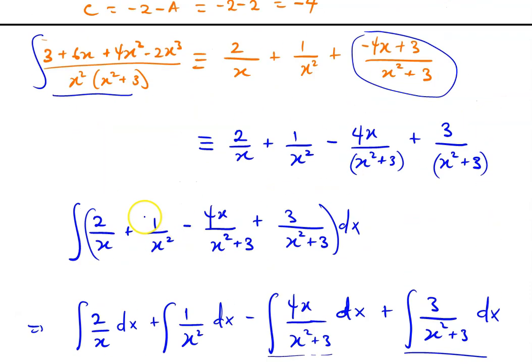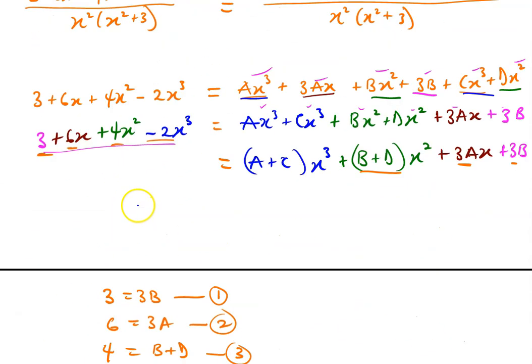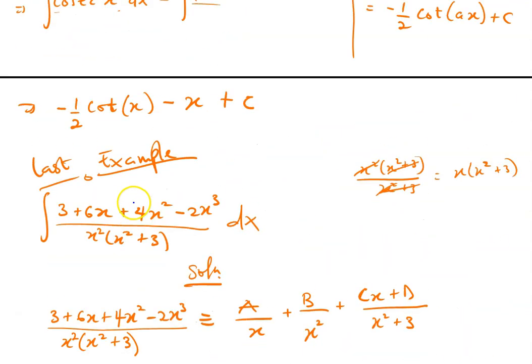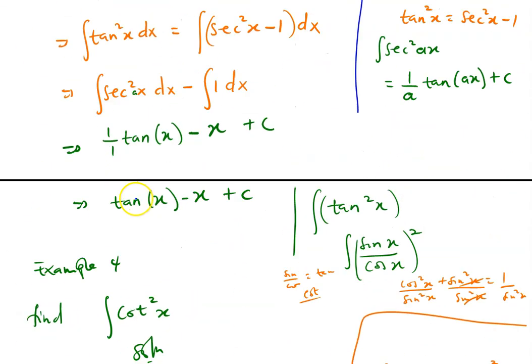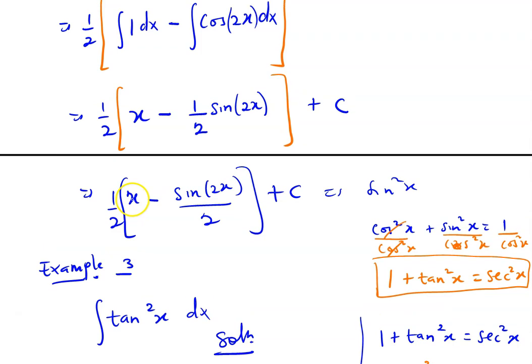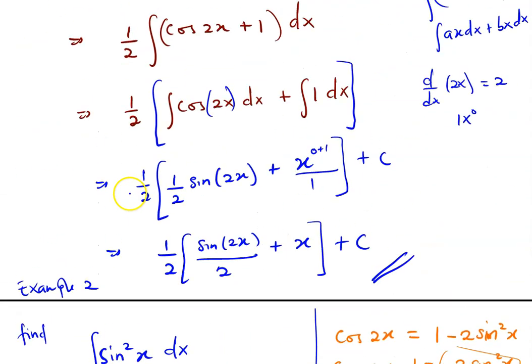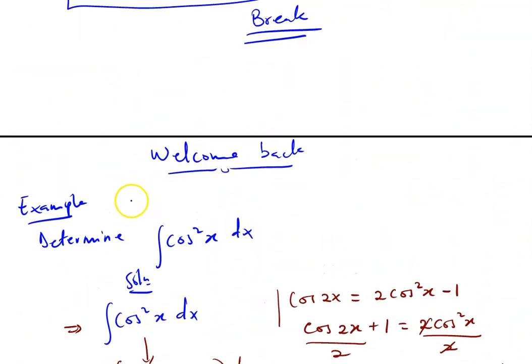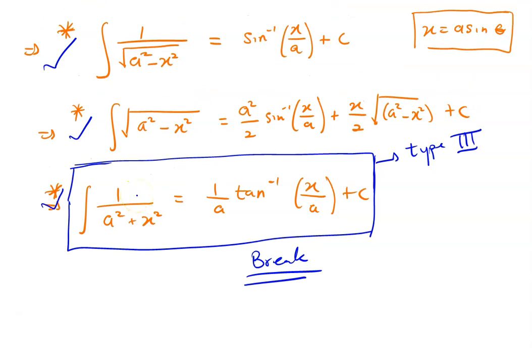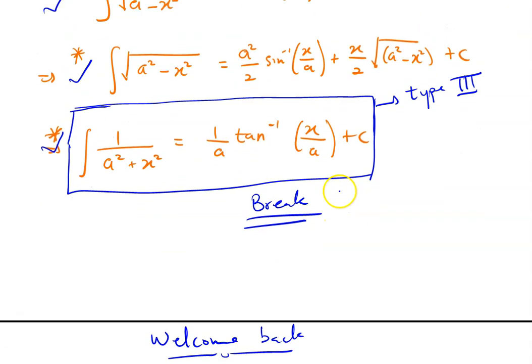You remember I made it clear to you in one of the questions, in one of the rules, that if I have, I'm going to scroll through so that I see it clearly. Yes. So if I have this one like this, that is 1 on a squared plus x squared is equal to 1 over a tan inverse of x on a plus c.